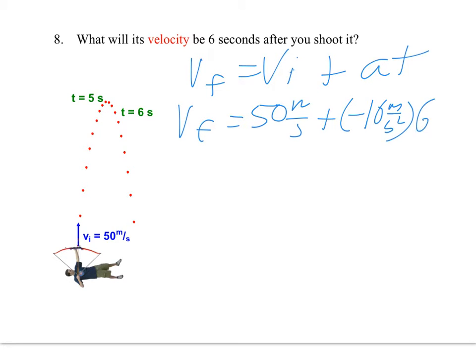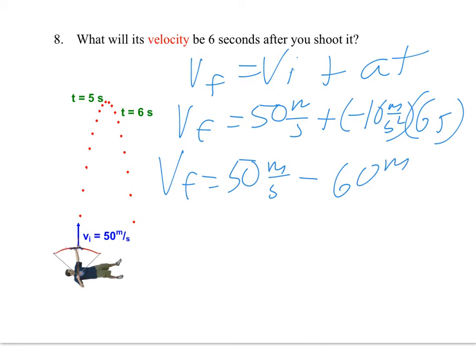If I sub in for a time of 6 seconds, now look what happens. VF is equal to that 50 meters per second, and again I'm going to pull that negative sign out because we are going to do a subtraction, but now I've got 10 times 6, so we've actually got, look at this, 60 meters per second. And so I wind up with a final velocity of 50 minus 60, or negative 10 meters per second.